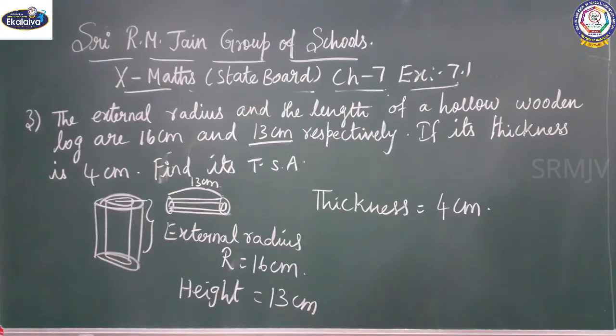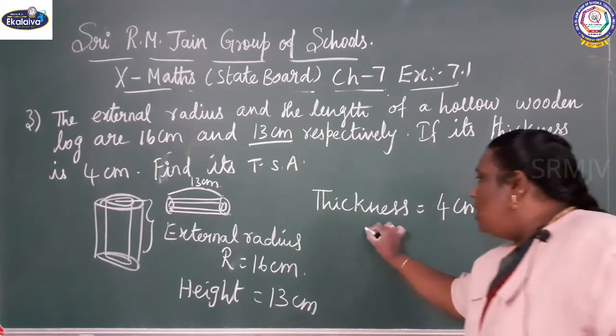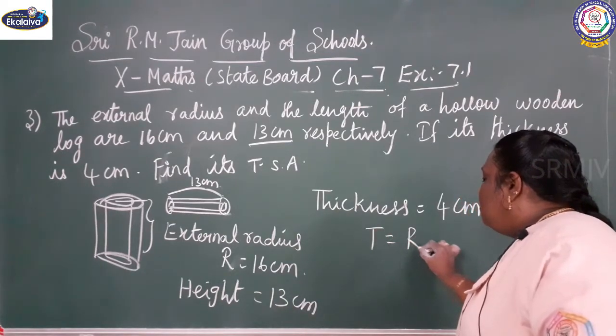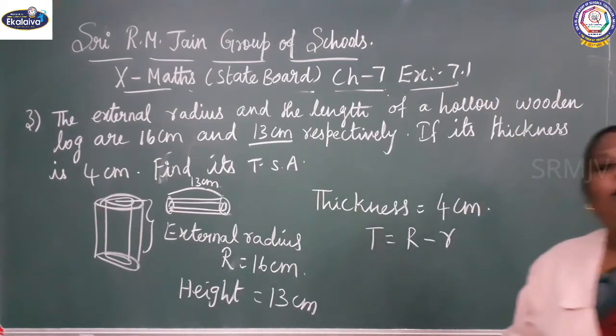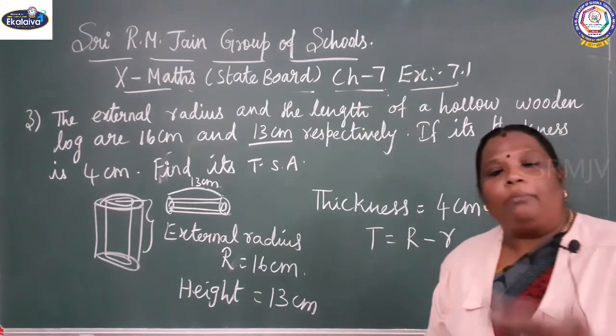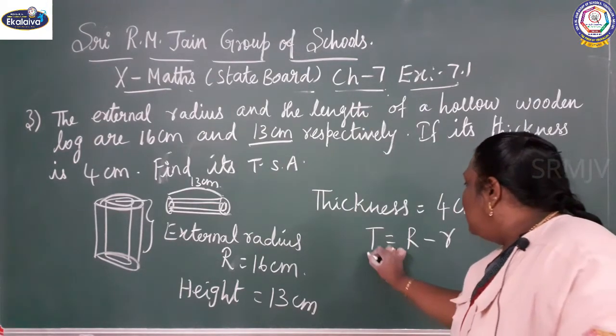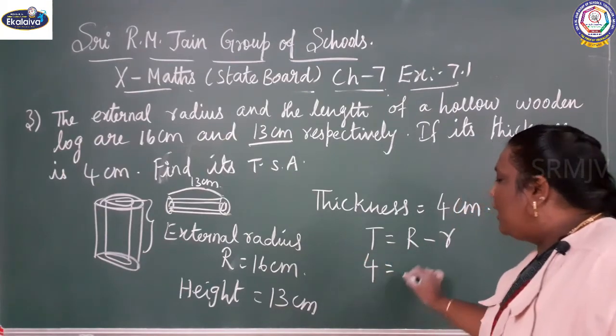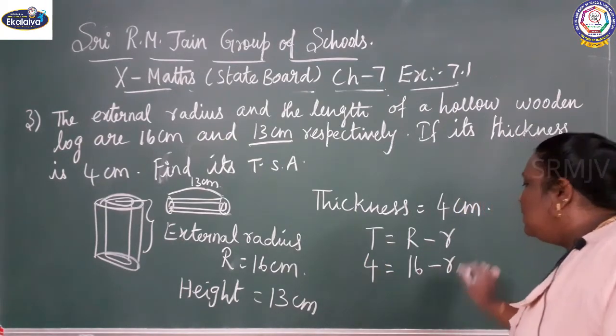Thickness t equal to capital R minus small r. So thickness is 4 centimeter equal to capital R, which is 16, minus r.